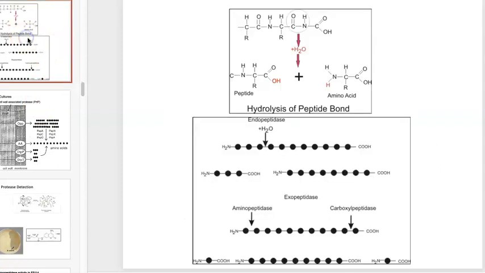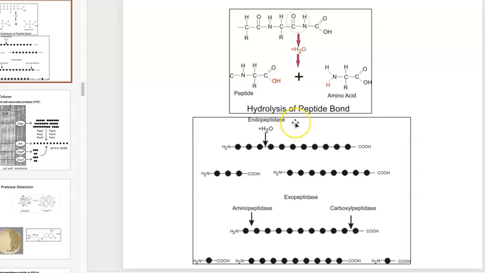So the proteases typically hydrolyze peptide bonds, and as you can see here, with the addition of water, the protease can attack this bond here, breaking that into individual smaller units, either individual amino acids in peptides or two peptides and so forth, as you see here. So the nomenclature for proteases or peptidases, as they're referred to interchangeably, is indicated here.